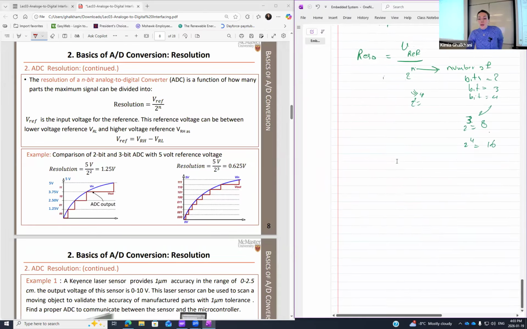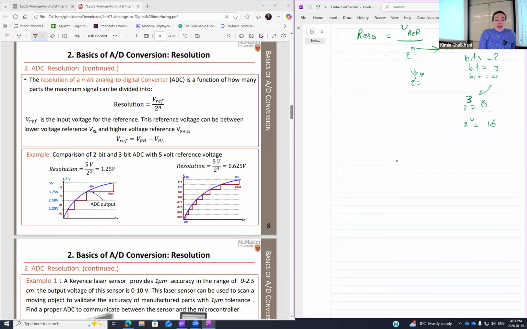Now let's do this again with this understanding. Now you know, if I'm having 5 and I'm having, this is your V in, I'm gonna use bit 3. If I have 3 bits for resolution, then first I'm gonna calculate my resolution. I just said it, this is the equation. My resolution, I say just R. My resolution is 5 divided by, not 3, 2 to the power of 3. Make sense?